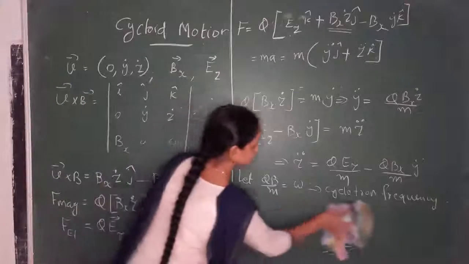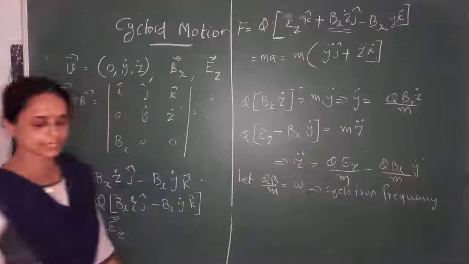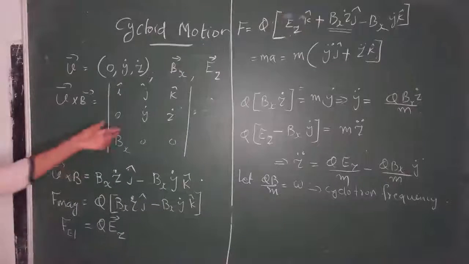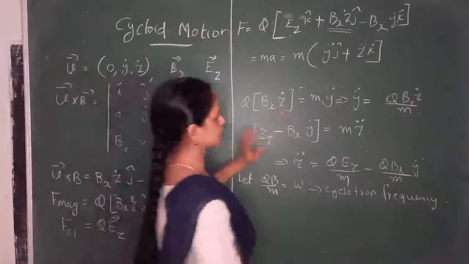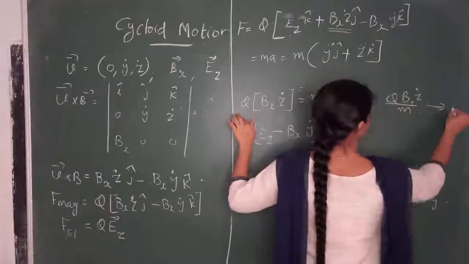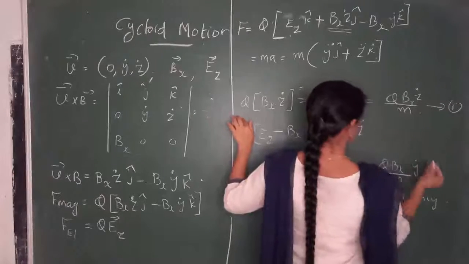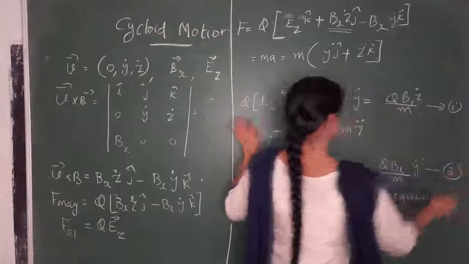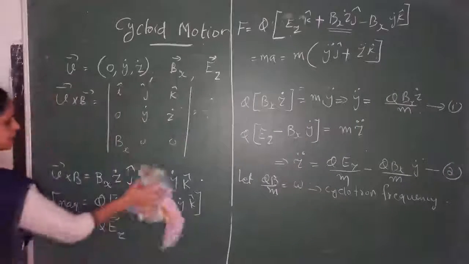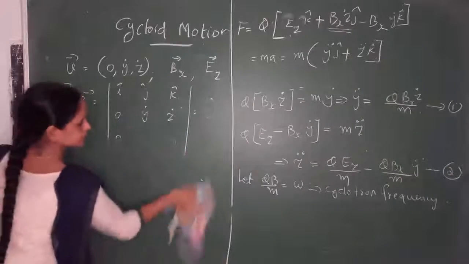So let QB by m be equal to omega, which is the cyclotron frequency. Then you can substitute that in both of these equations. Here you have equation 1 and another equation, this is 2. So you can substitute the value in the equation.